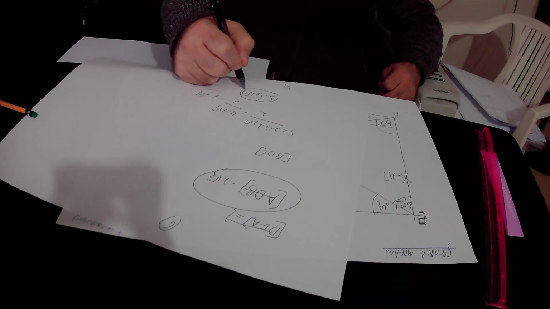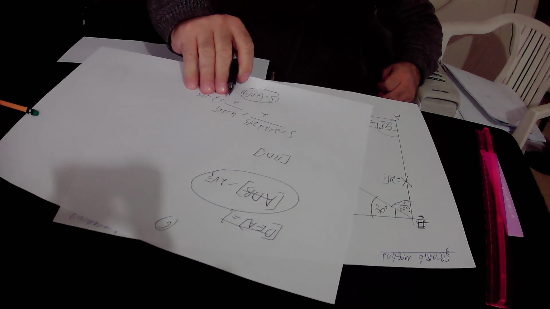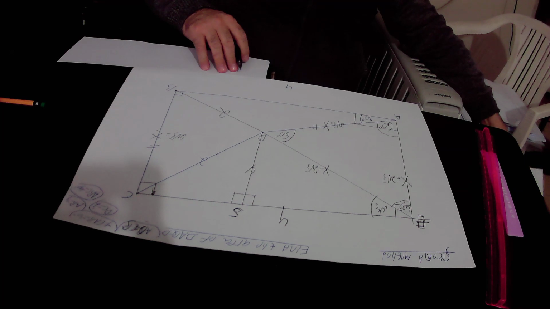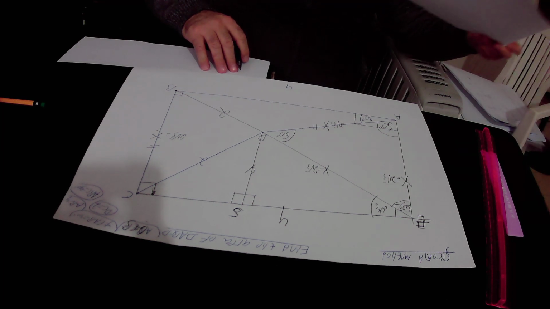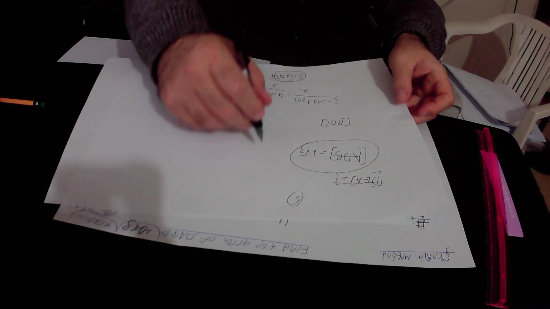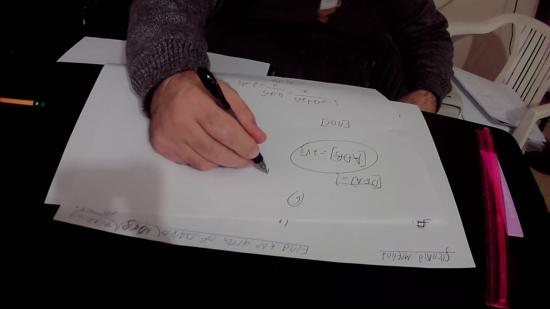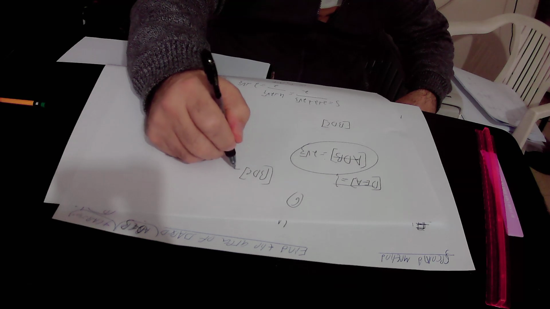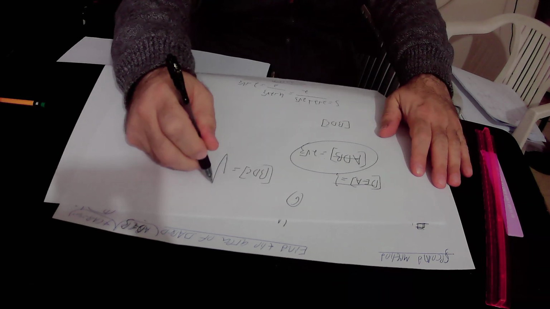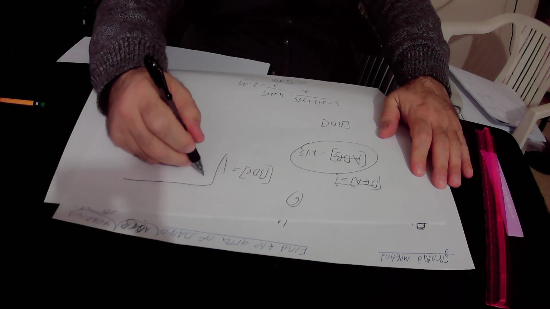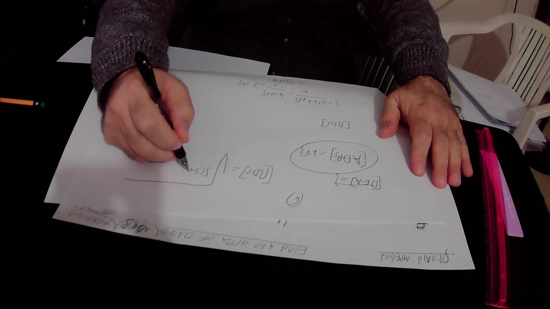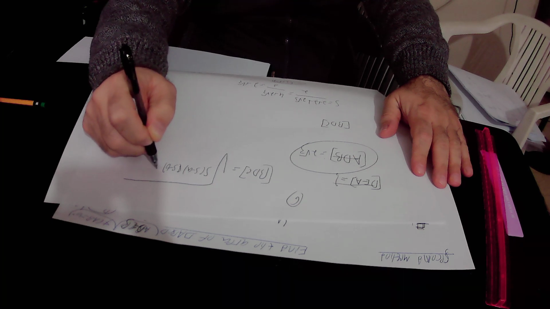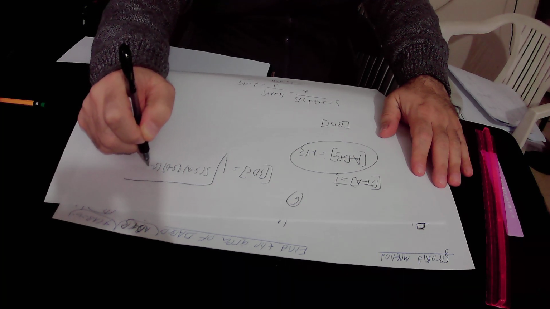and the area of triangle BDC will be equal to the square root of S times (S minus A) times (S minus B) times (S minus C).